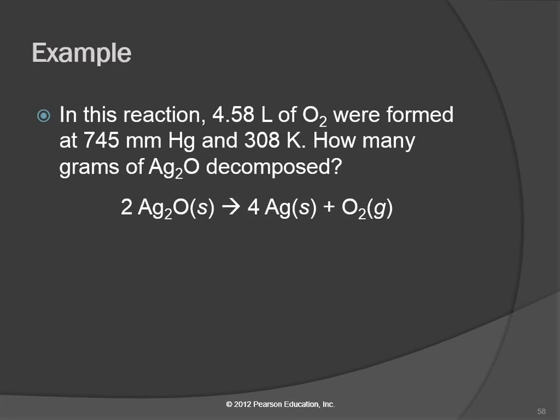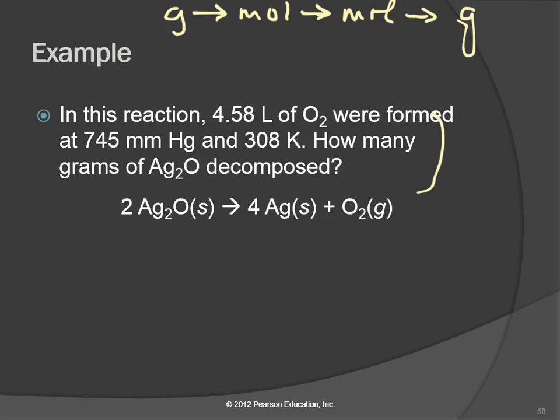So what did we chant for stoichiometry? Grams to moles to moles to grams, right? I don't know what happened to my arrows. So this part, the moles to moles, is always the same. Stoichiometry always involves a mole-to-mole calculation.